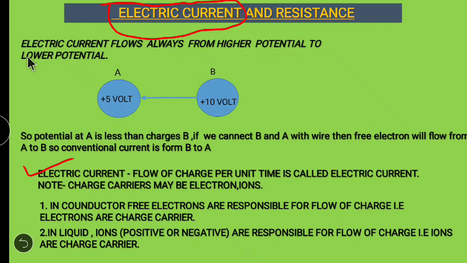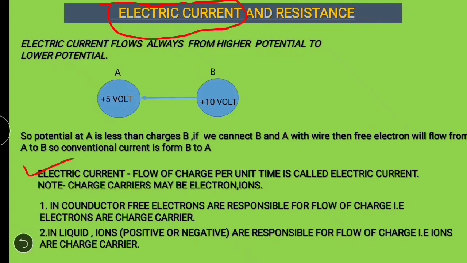In the case of river current, the river always flows from mountains to the ocean because the mountain has the higher potential and the ocean has the lower potential. So the river current flows from higher potential to lower potential. In the same way, electric current always flows from higher potential to lower potential.